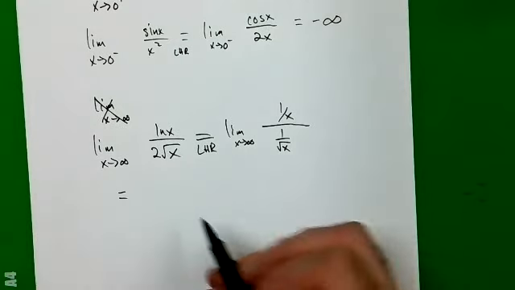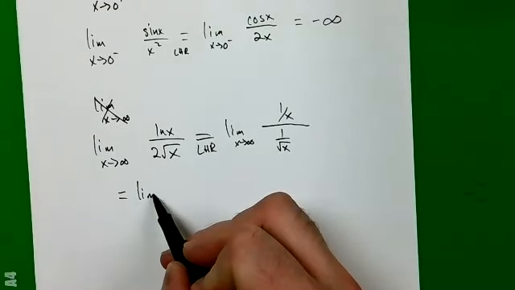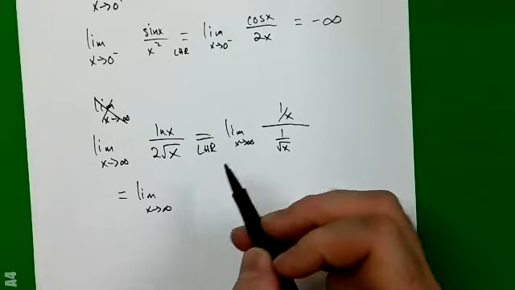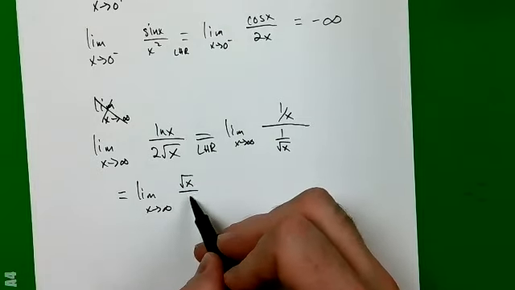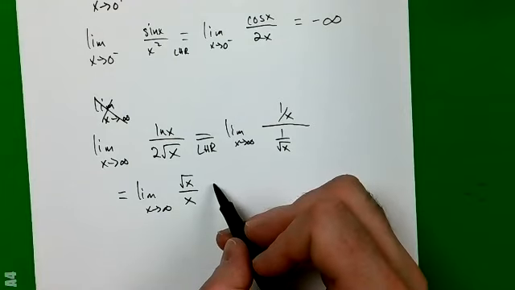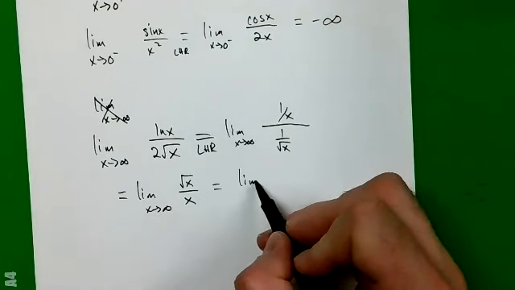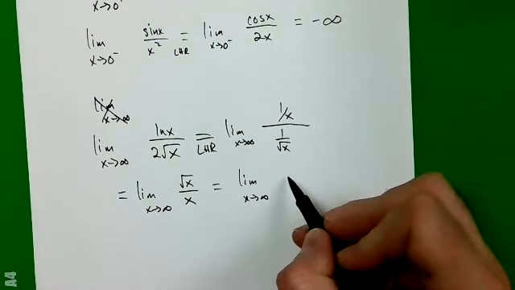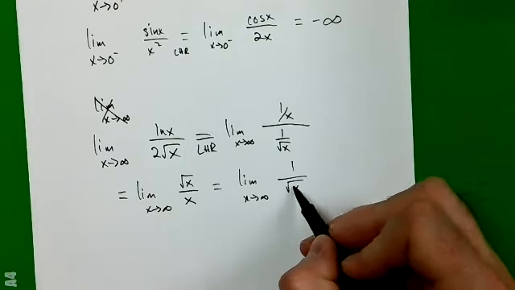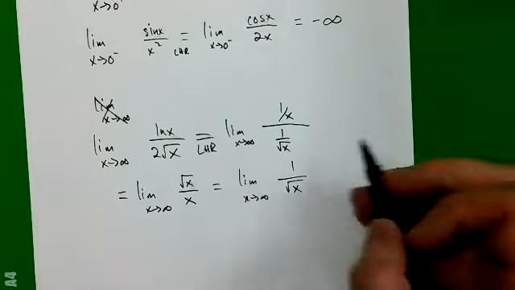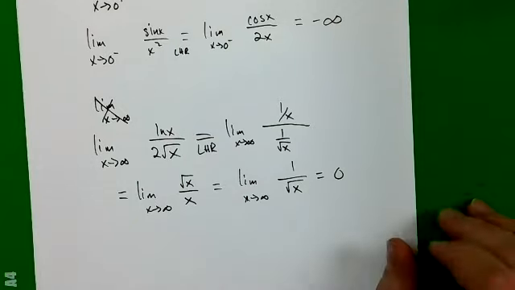Little cleanup there. That'll be equal to the limit as x goes to infinity of root x over x, which is equal to the limit as x goes to infinity, just simplifying, that's 1 over root x, which is going to be 0.